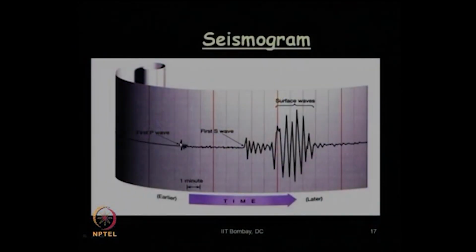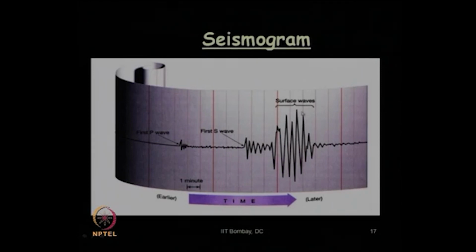That is why their arrival at the points where the seismographs are located is different, and there is a time lag between two different waves which reach a particular seismograph from the earthquake focus point. As we have seen over here, this is named the P wave, the next one is called the S wave, and this one is called the surface wave.